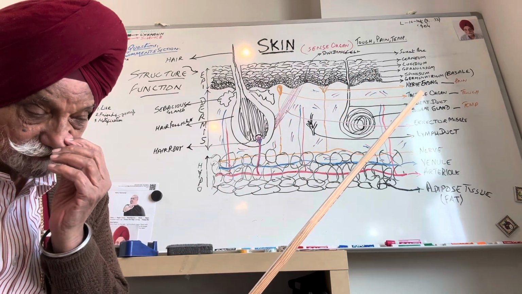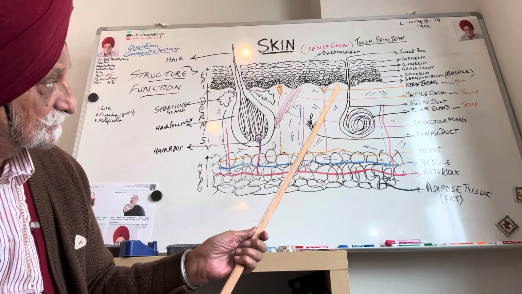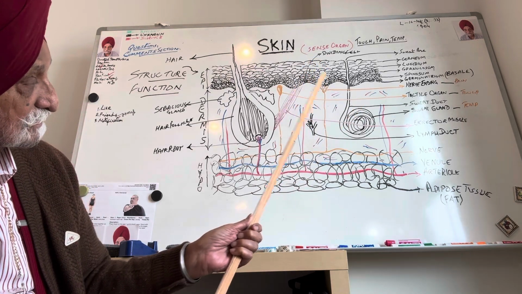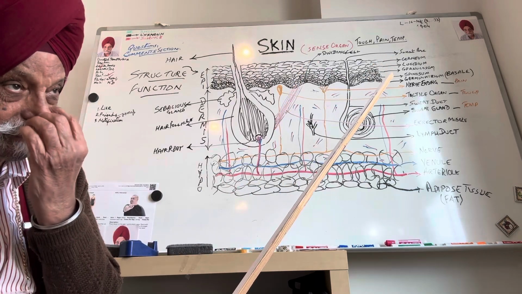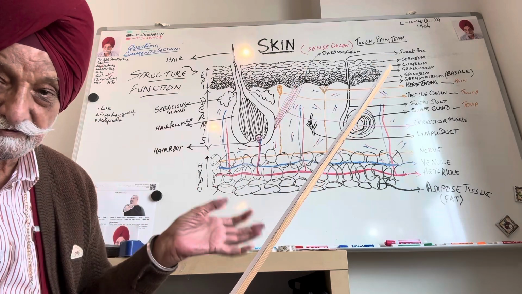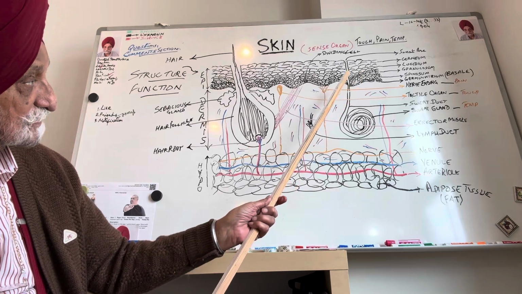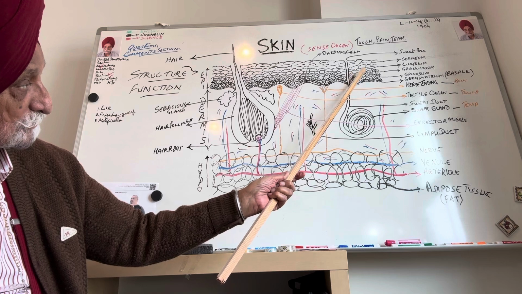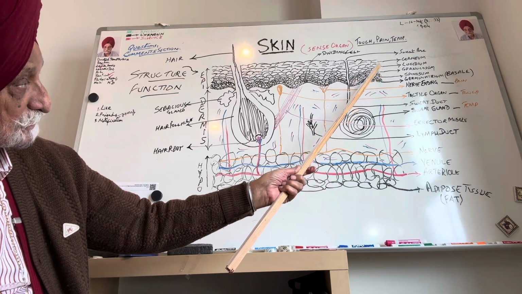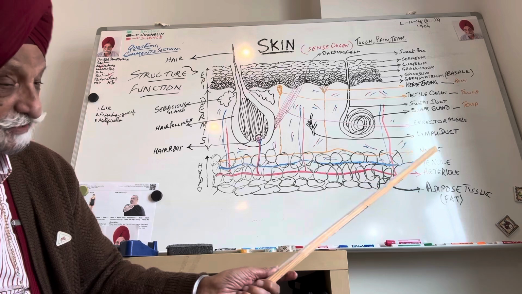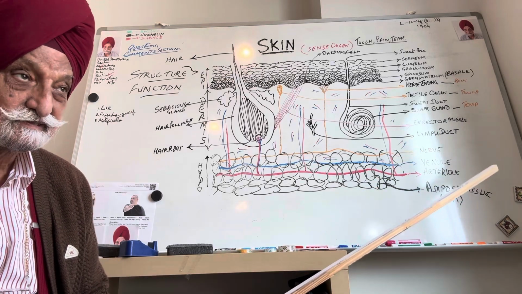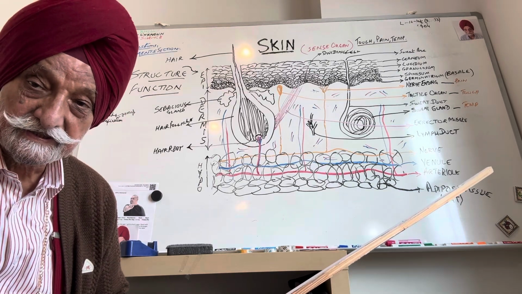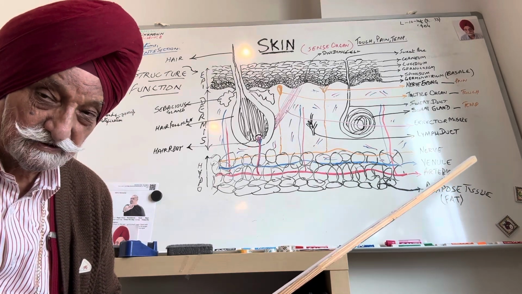All the cells above the basal layer are gradually sloughed off from the body. The next layer is the layer spinosum. Above this is the layer granulosum. In the granulosum there are certain grains, particles which are responsible for imparting the color to the skin.